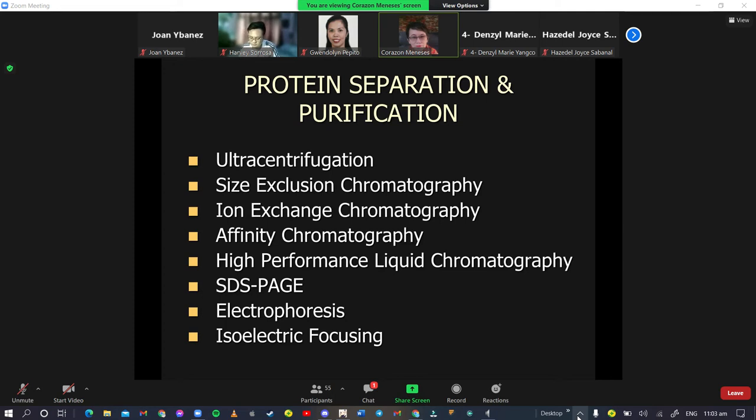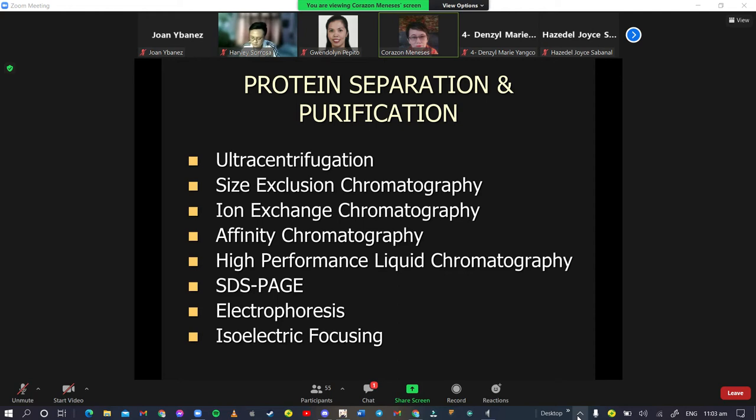High performance liquid chromatography: the HP stands for high performance because you will require high pressure to be able to elute it out. Okay.